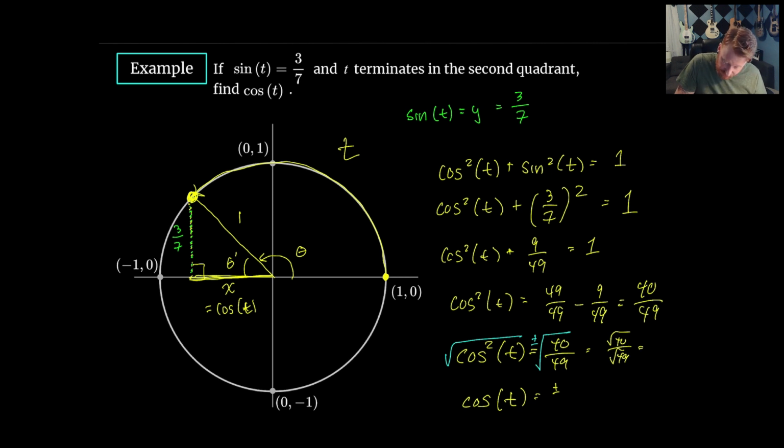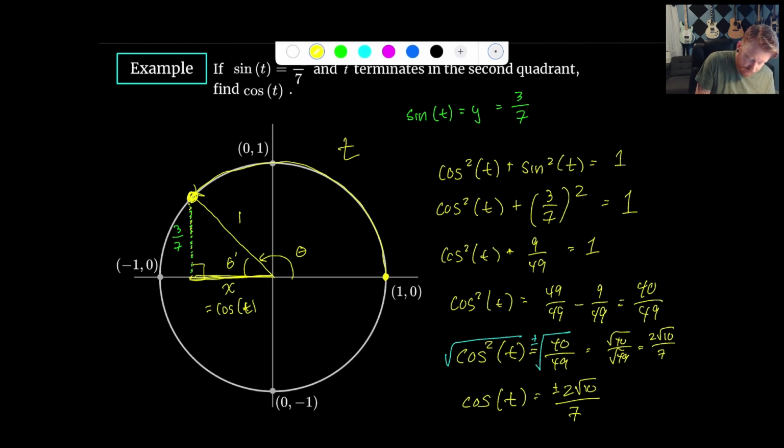If I rationalize the numerator, I get 2 square roots of 10 over 7. So here I've got the cosine of t is equal to plus or minus 2 square roots of 10 over 7. Notice that there are 2 solutions here that we need to consider, and sometimes we get extraneous solutions. So that's what we need to consider.